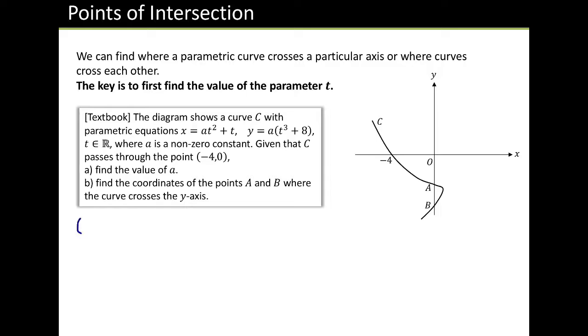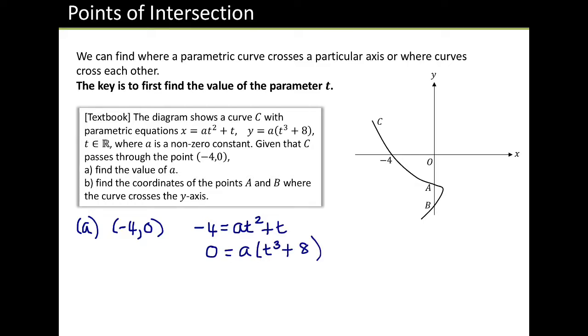For part A I'm going to take my (-4, 0) coordinate, and from that I can write that -4 equals a t squared plus t, and I can also write that 0, because that's the y part of the coordinate, equals a t cubed plus 8. Now, if I can find either of the t values, that will help me then find the a value.